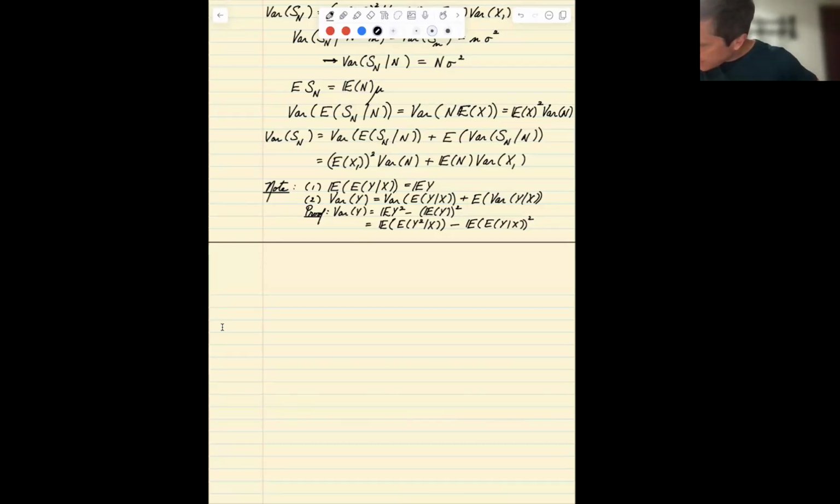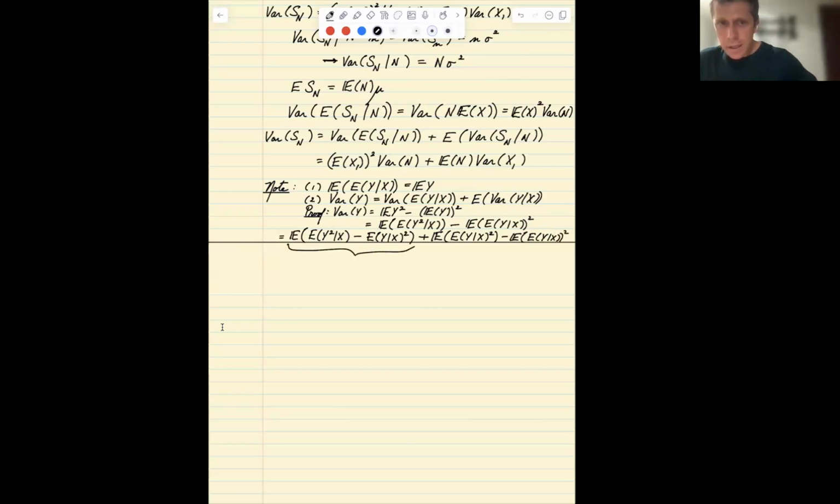Now we are going to copy this down, and we're going to subtract off expectation of Y given X squared, plus expectation of expectation of Y given X squared, minus the square of the expectation of the conditional expectation.